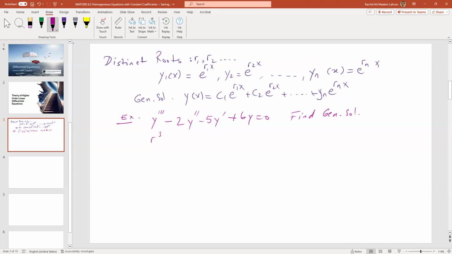So the auxiliary equation will be this way. And if you run into this and you're not sure how to solve a third order, often you can use factoring, then you'll have a second order, then you can still use factoring or the quadratic formula to solve.